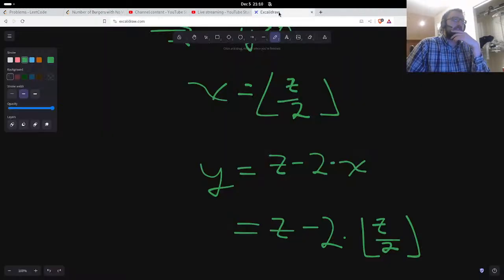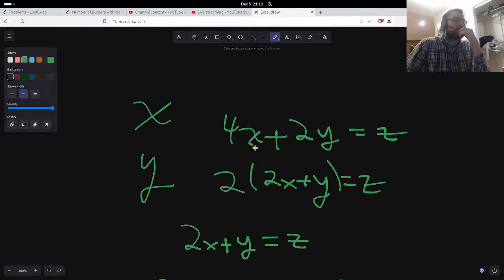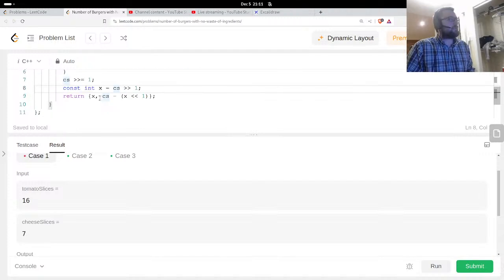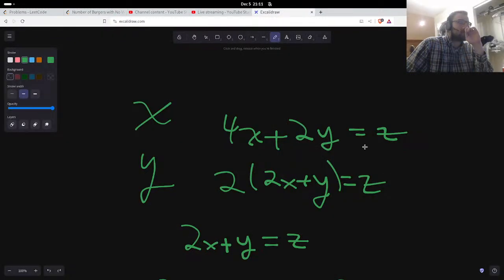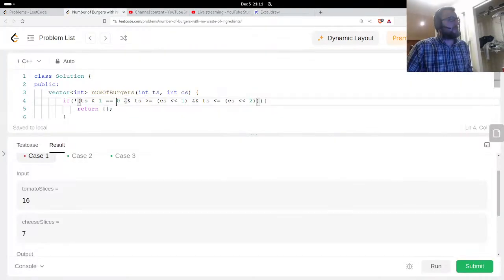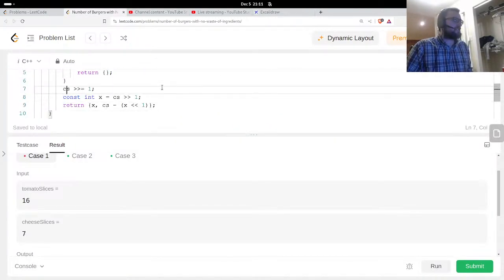Or is it tomato slices? No, no, no. Z is the other one. It's TS. No, no, no. Z is CS.